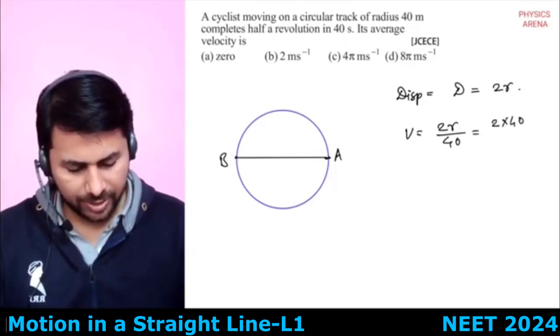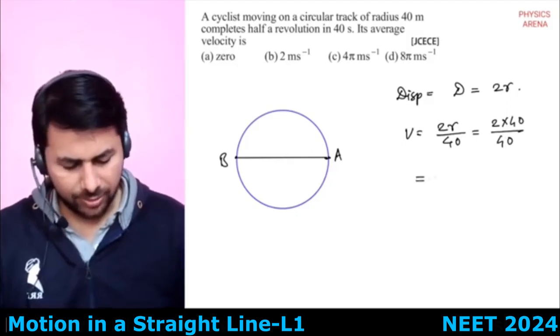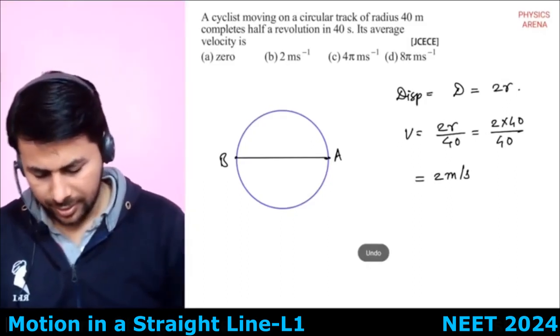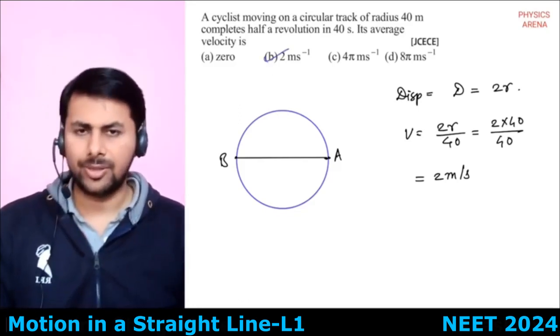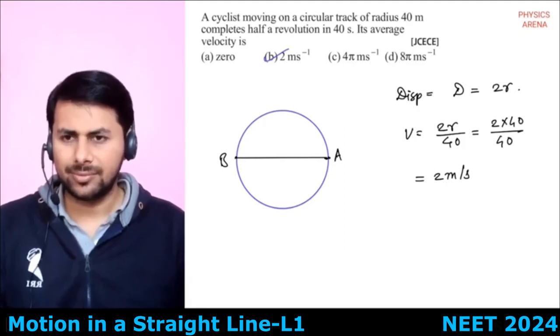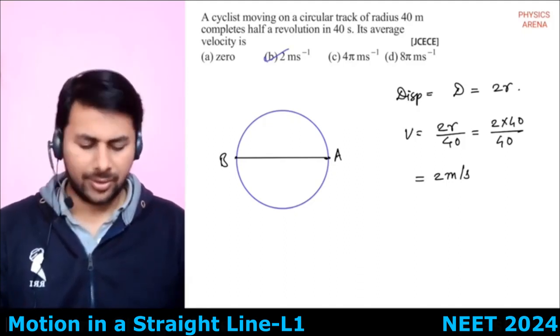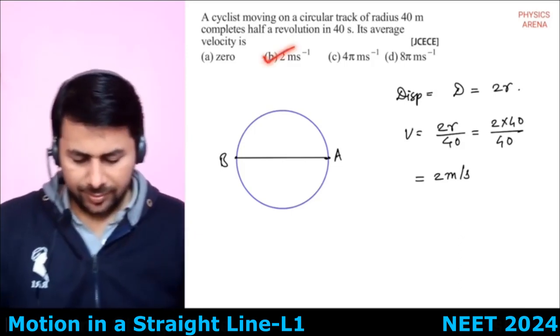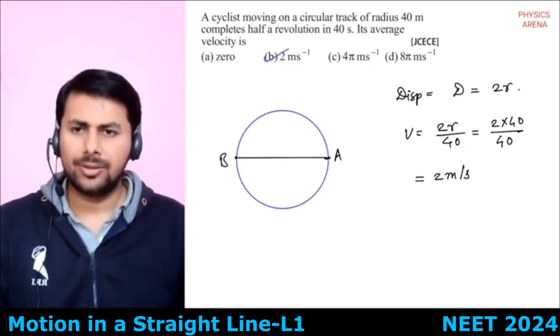Okay, so it is 2 times 40 upon 40. So answer is 2 meters per second. So option B. You said B, Ganga? Okay. Anyways, so if you miss this thing, your answer would be different, right?